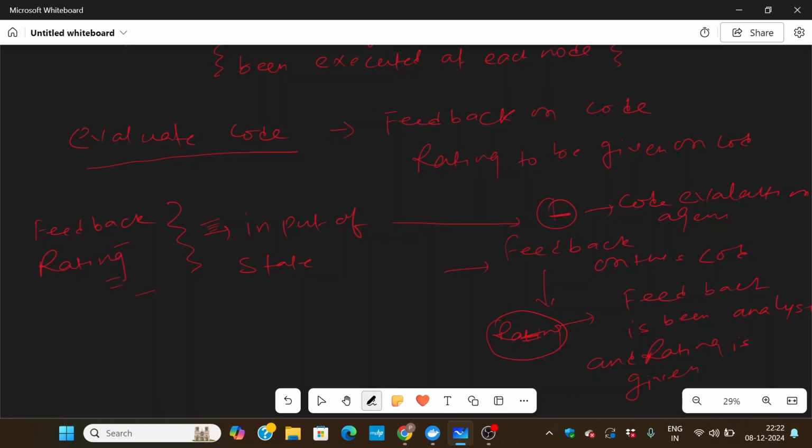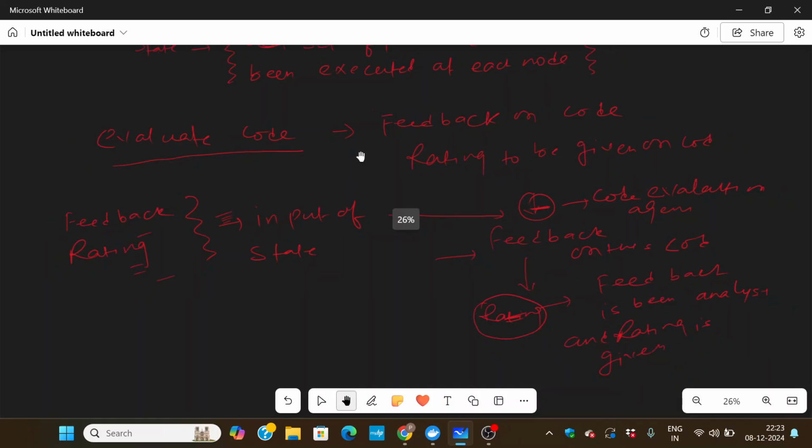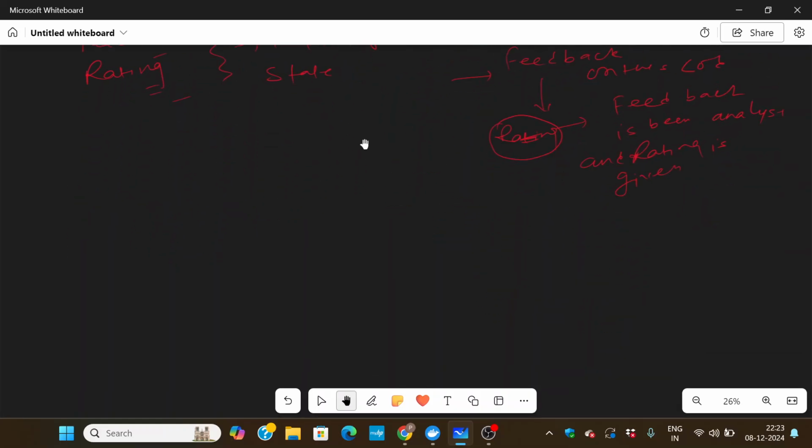At each node we format the state of the particular graph, and then it is passed to the next node, and the next node again does some formatting. In the same way, the whole graph is processed. This is one simple example by which we can explain LangGraph.